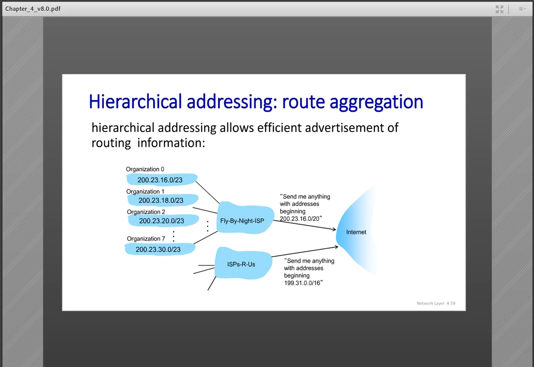But when we are going toward the core of the internet, we are using a reverse process. We call it supernetting.